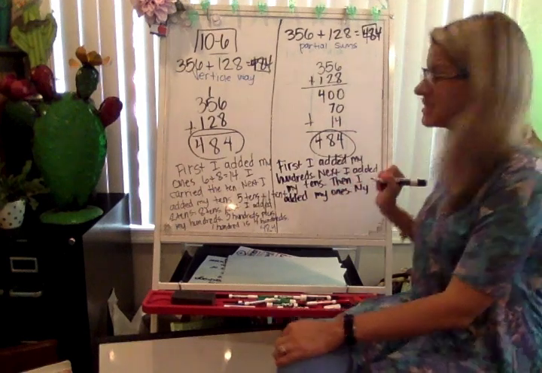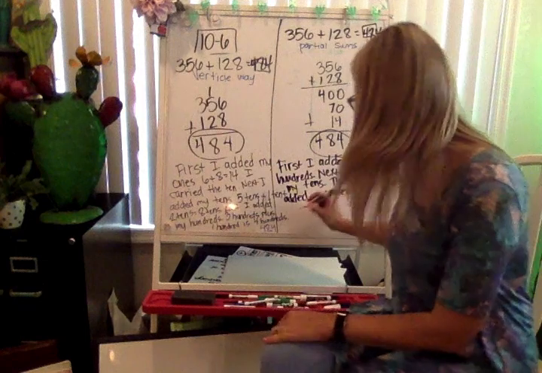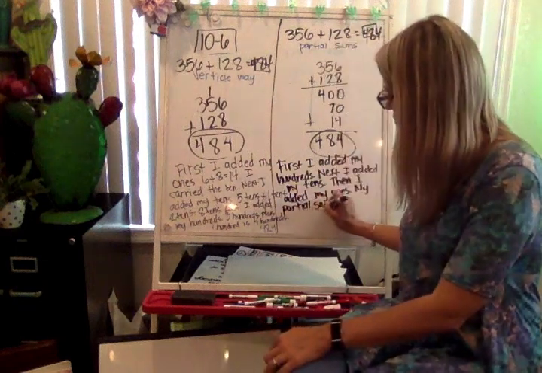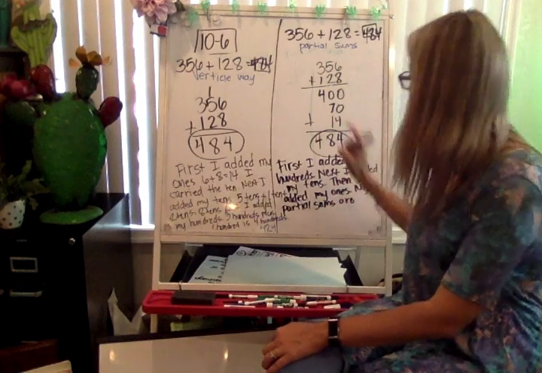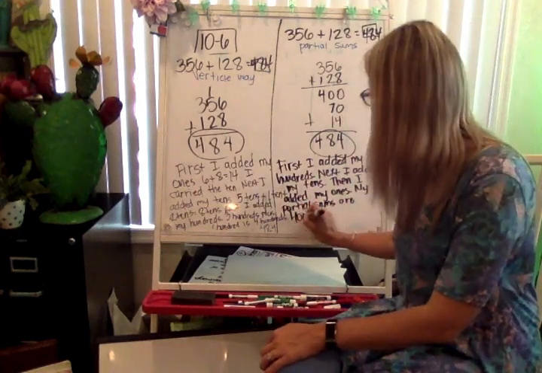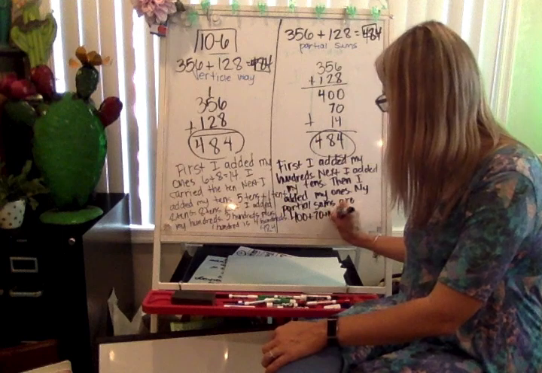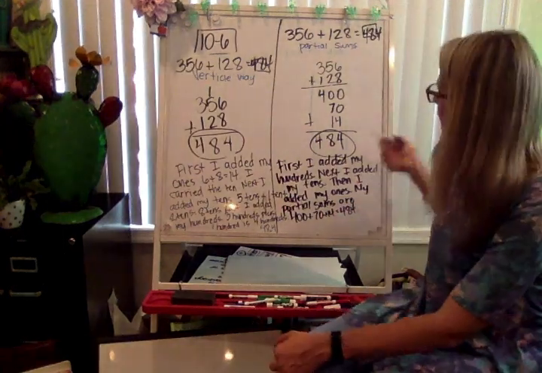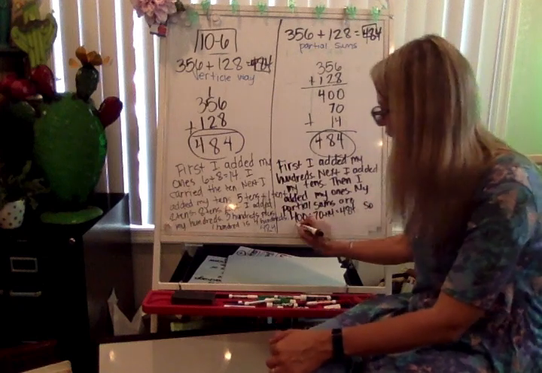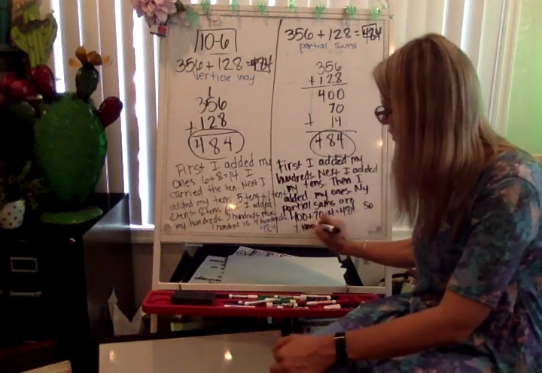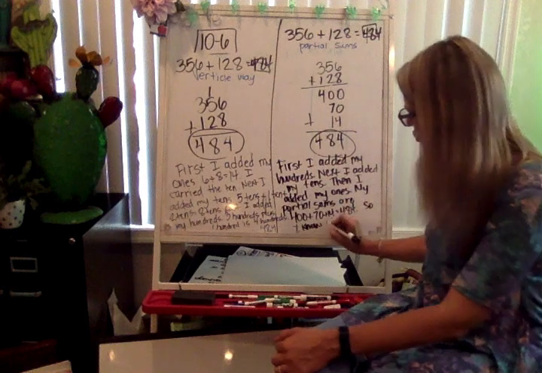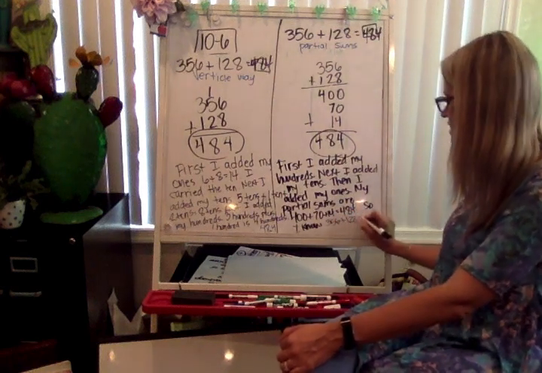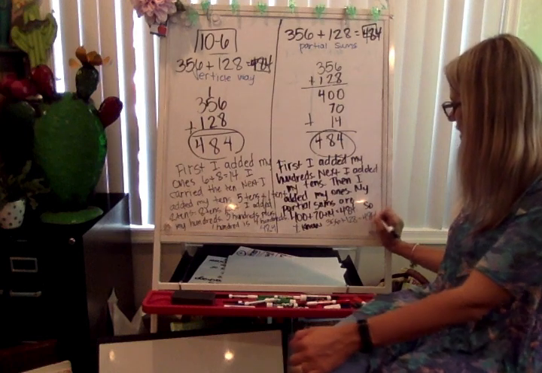And then I'm going to go ahead and say my partial sums are, and then I'm going to write them out. 400 plus 70 plus 14, which equals 484. So I know 356 plus 128 equals 484.